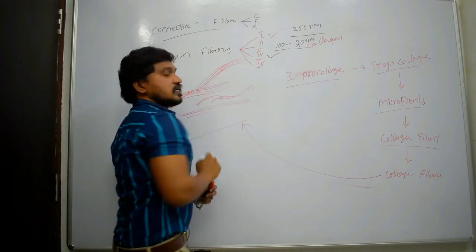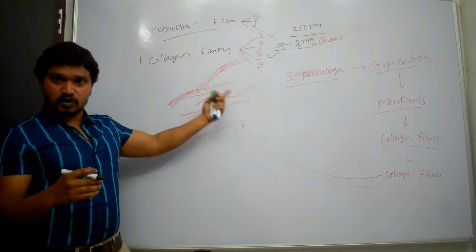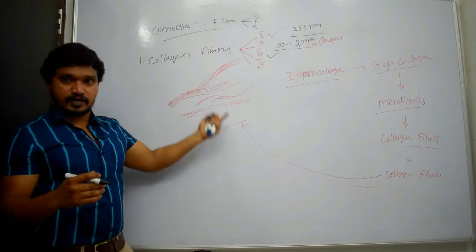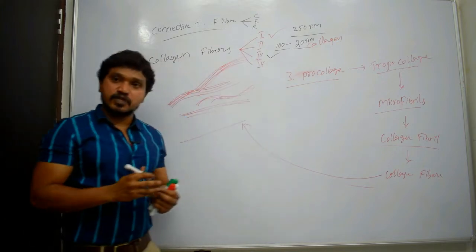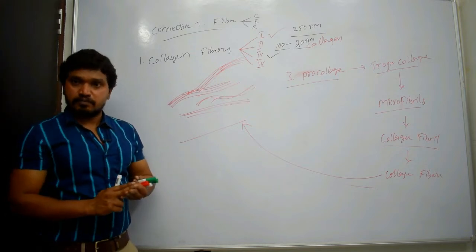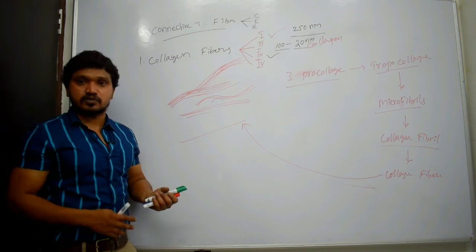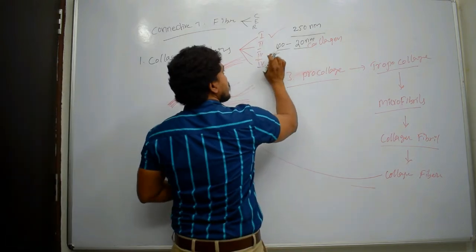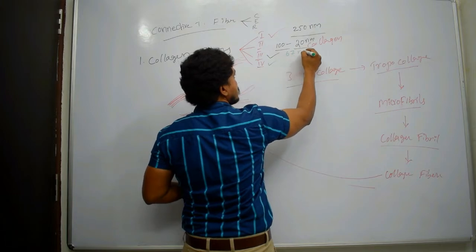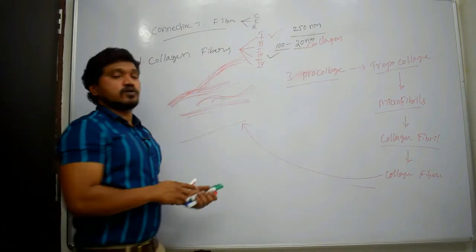Anyway, we are going to discuss reticular fibers separately, so I am not going into detail. Where can we find type 3 collagen fibers? In the lymph nodes, spleen and bone marrow mainly, and of course in the liver also. The diameter of type 3 collagen fibers is around 67 nanometers.